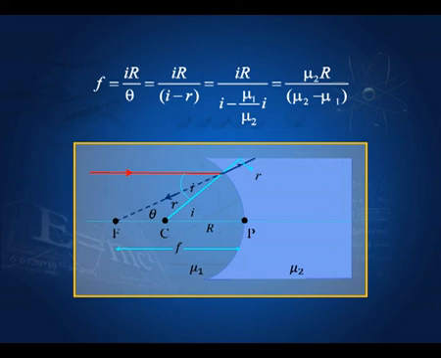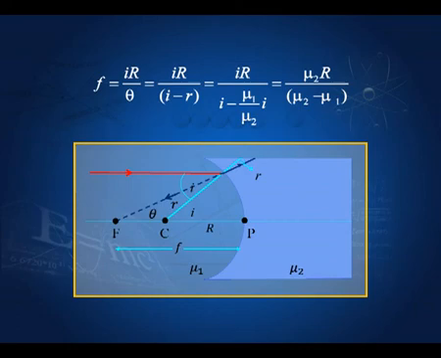Therefore, f is the focal point for this surface, and the distance is negative because it is measured in the direction opposite to light. This is also negative because this is again measured in the direction opposite to light. Extend this ray backwards, then this angle is r and this angle is i, alternating angle.